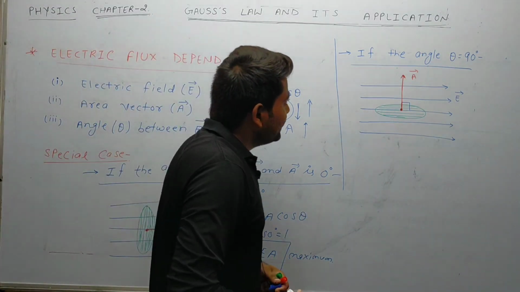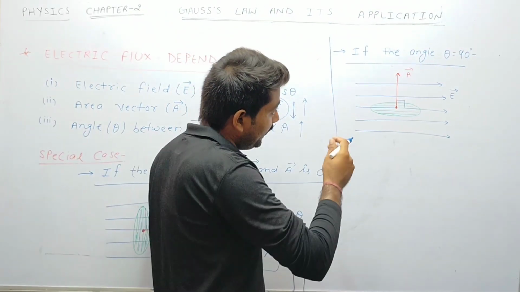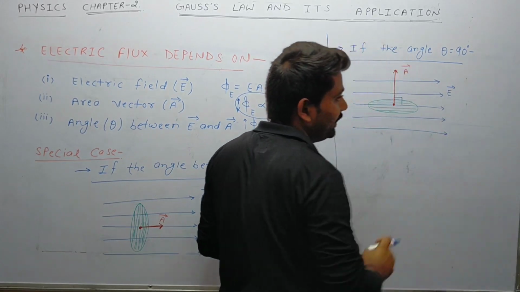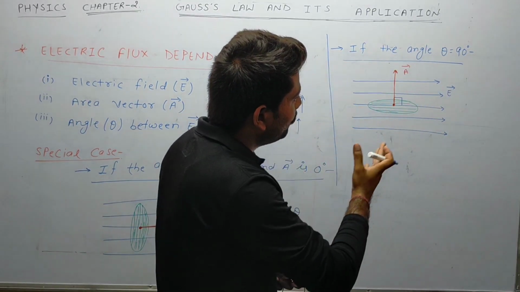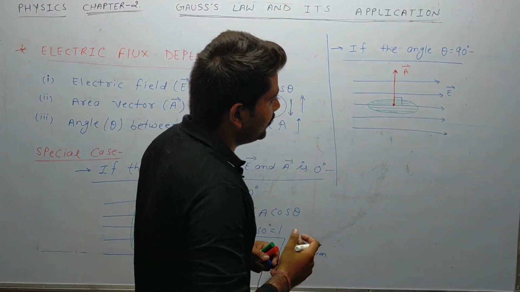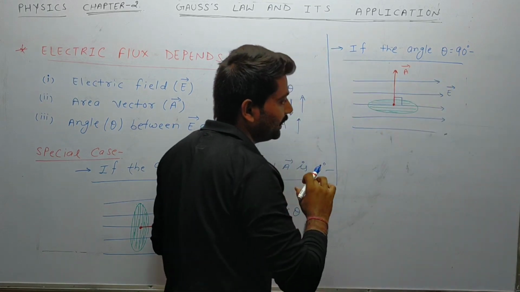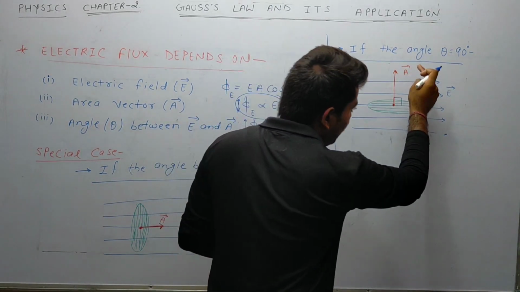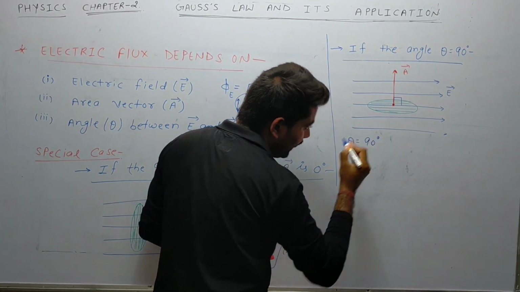Look at the second condition. If the angle between E vector and A vector is 90 degrees, it means the electric field and the area vector are perpendicular to each other, which we can show in this diagram. This is the direction of the electric field, and the red arrow shows the area vector. Here we have theta is equal to 90 degrees.